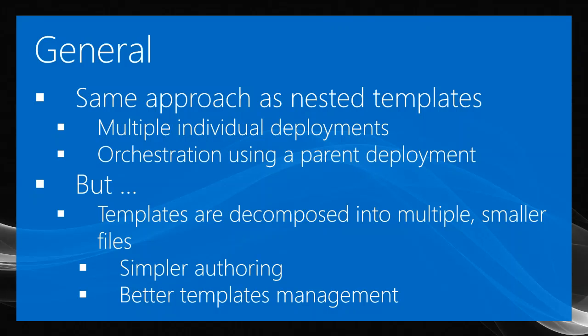All right. So talking about linked templates now, we will immediately see that the approach is exactly the same. So we also somehow deploy multiple resources from multiple individual deployments that are somehow orchestrated.